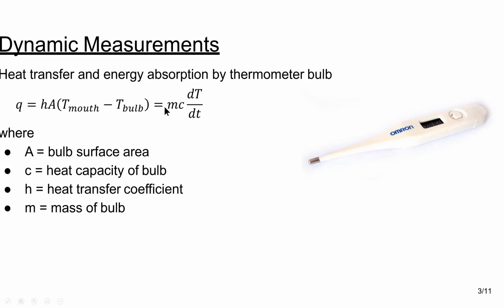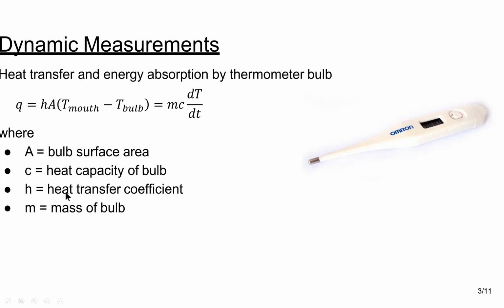You've got M for mass of what it is you're trying to heat, in this case the little bulb on the end of the thermometer. You've got C here, which is, well, what kind of material is this bulb made of? Because that would affect how fast or slow it can conduct heat. How big is this thing? So there's an area in here.